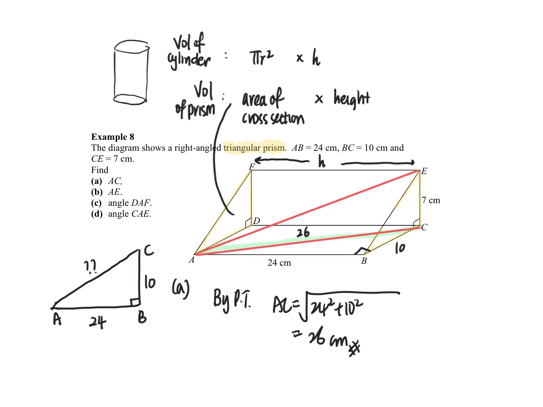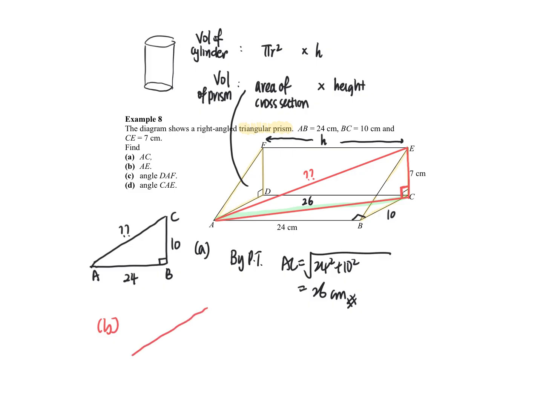Is it a right angle triangle? Yes, right? It's standing inside your sandwich box. So this is a right angle triangle. If you know that the base is 26 and the height is 7, can you find what is AE?